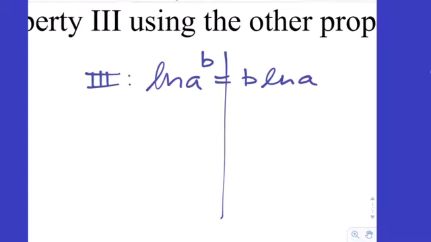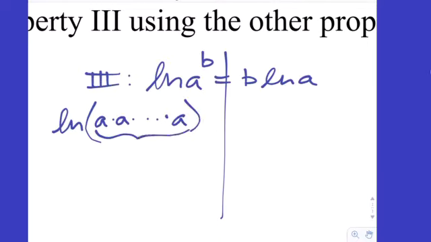What does the natural log of A to the Bth power actually mean? Well, because B is the exponent, it means that I have A times A times A times A, how many times? B times, right? 2 cubed is 2 times 2 times 2. The B tells you how many factors of A you have.